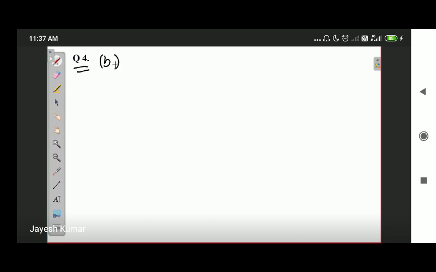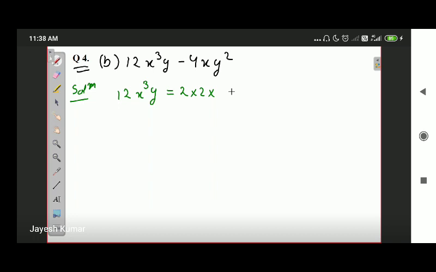B part is we have to do factorization of 12x cube y minus 4x y square. So we will use the same method that we have used till now. First of all, we will expand 12x cube y as 2 into 2 into 3 into x into x into x.